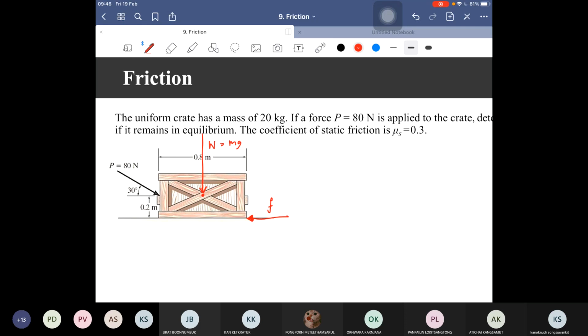Like the loading diagram that I explained to you before. The normal force will pass through the centroid of the loading diagram, and the position shifts toward the movement direction. So let's suppose the normal force N acts at a point a distance x from the center.